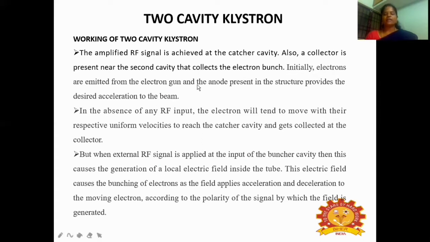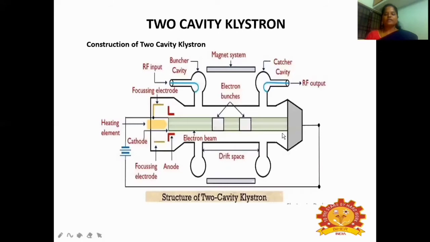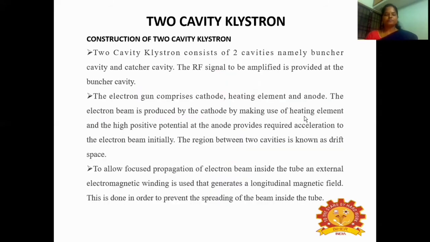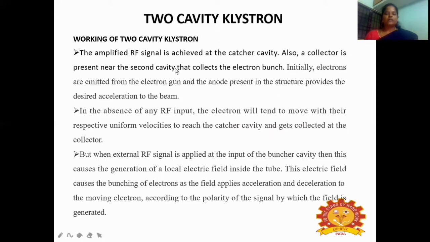This is the collector which is present near the catcher cavity, and it collects the electron bunch. What happens initially is that electrons are emitted from the electron gun, and the anode present in the structure provides the desired acceleration to the beam. So the beam starts to accelerate inside the tube.